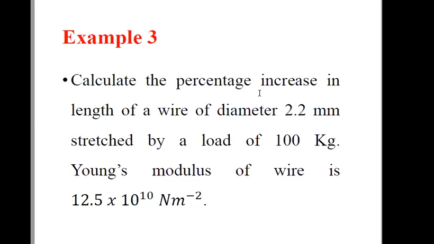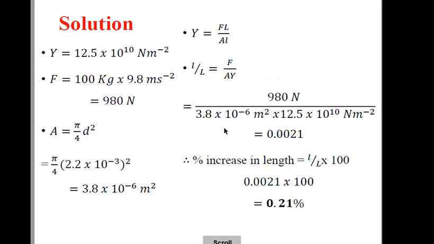Now, check your decimal place. Okay, in this, what is given? The change in length, the increase in length is given. Weight is given, Young modulus is given. You are asked to find the percentage increase in length. So it is 0.21%.